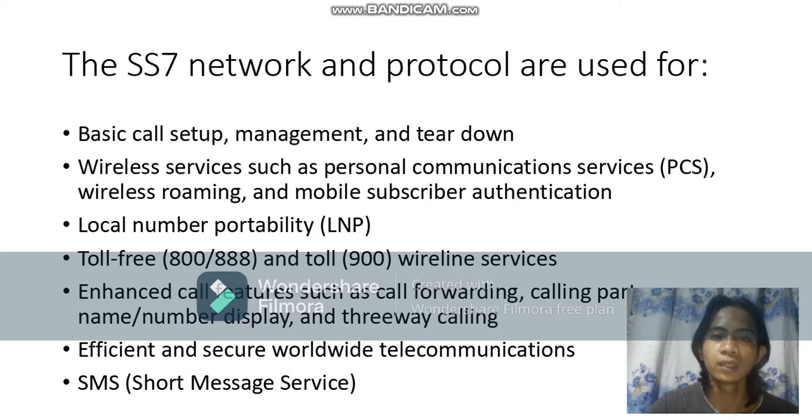Wireless services such as Personal Communication Service or PCS, wireless roaming, and mobile subscriber authentication, local number portability or LNP, toll-free 800 or 888, and toll 900 wireline services, enhanced call features such as call forwarding, calling party name or number display, and three-way calling.